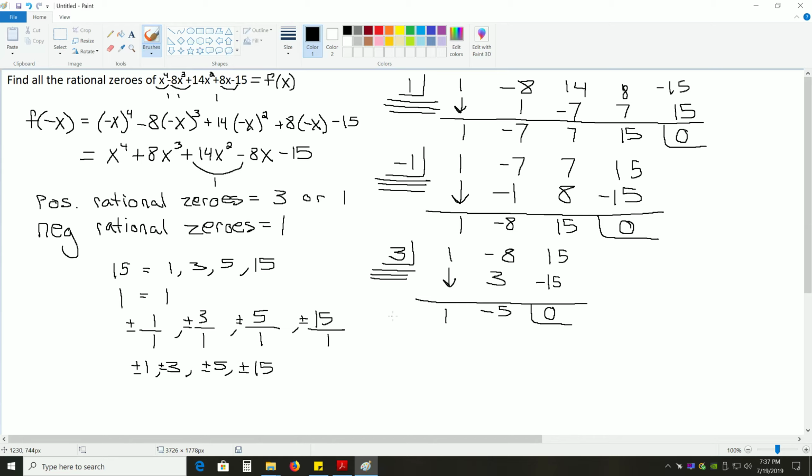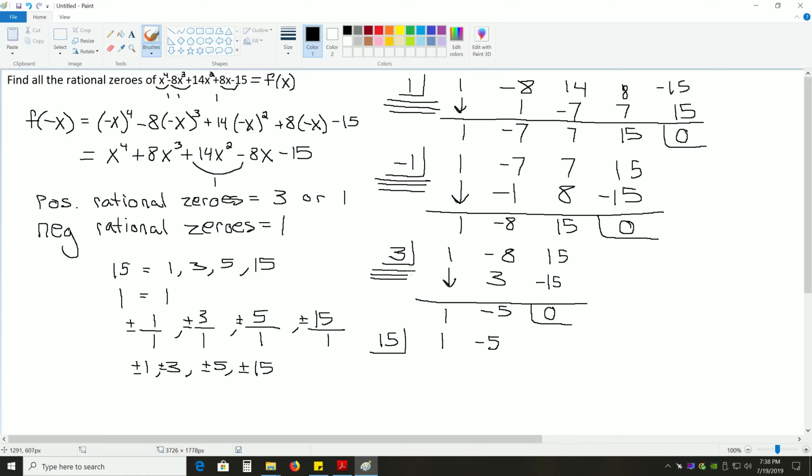Now I can already tell from this quotient that the answer is going to be 5. But I'm going to use 15 just to show you what happens if you pick the wrong value. So if we pick 15 and continue with our synthetic division, we have 1 and -5 now.